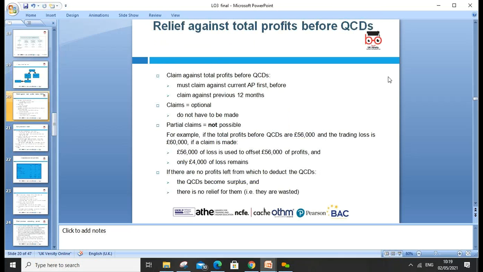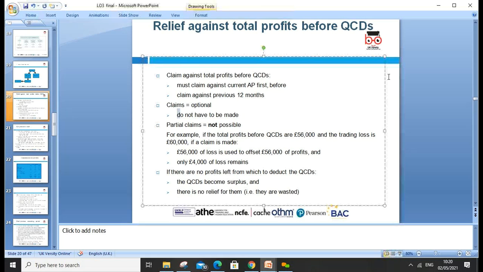Relief is against total profit before QCD, and we must claim against current year profit first, and then against the previous 12 months, and we cannot make a partial claim. Say our qualifying charitable donation is 56,000 and the trading loss is 60,000.